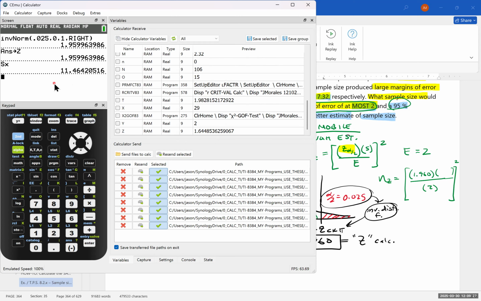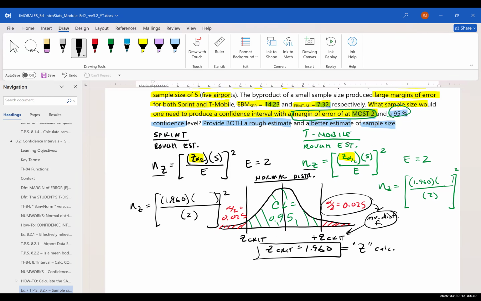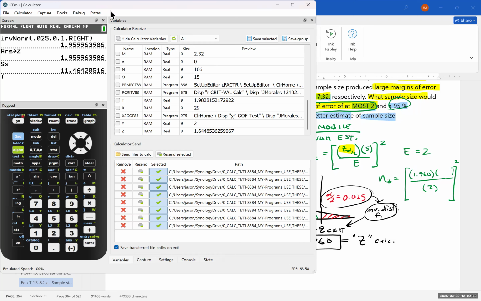All right, so I think that the other standard deviation is going to be in here as well. So to calculate this for Sprint, it's going to be our z value times the standard deviation divided by 2 and all that squared.